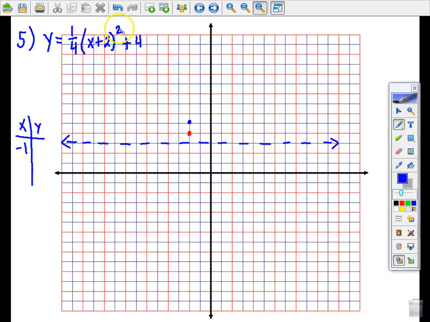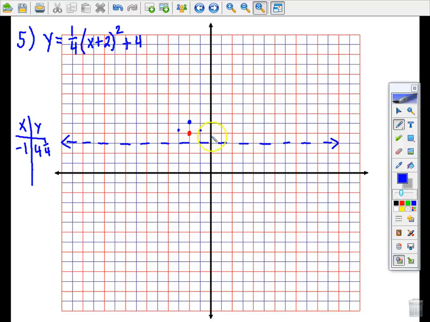Okay? 1 squared is still 1. 1 times a fourth is a fourth. And then a fourth plus 4 is 4 and 1/4. So for -1, I'm going to go 1, 2, 3, 4, and then just a little bit more. And because of symmetry, I don't have to calculate this one.